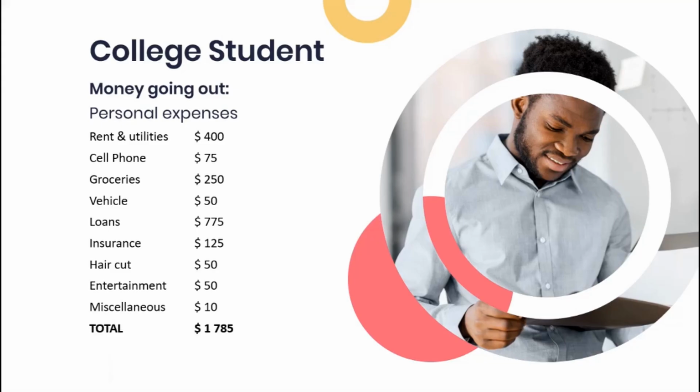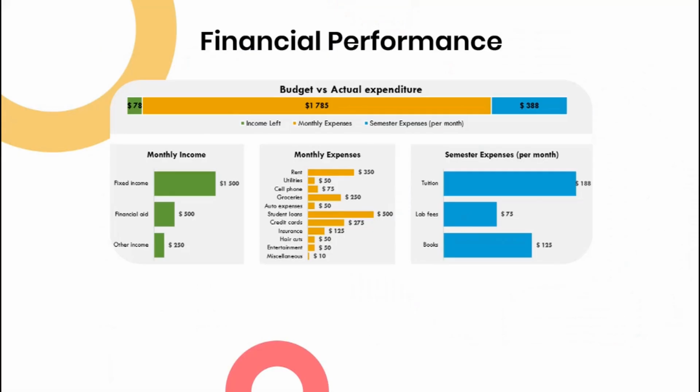This list, combined with the semester expenses, can be viewed as the monthly ledger of the student, reflecting all the transactions that took place. At the end of the month, a diligent student would then analyze their income versus expenditure to ensure their spending is on track.